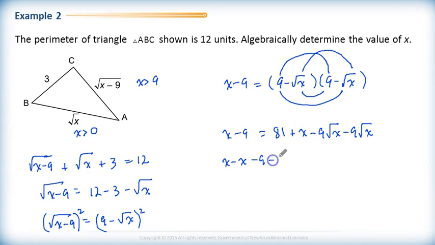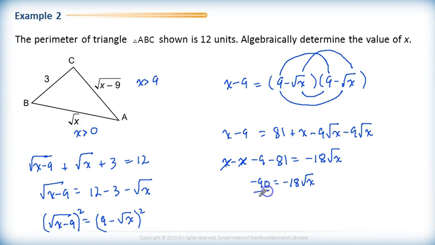So I'll have x minus 9. The 81 comes over with that, becomes minus 81, equals, these two are like terms, negative 18 root x. X minus x, that's gone. We've got negative 90 right here equals negative 18 root x.